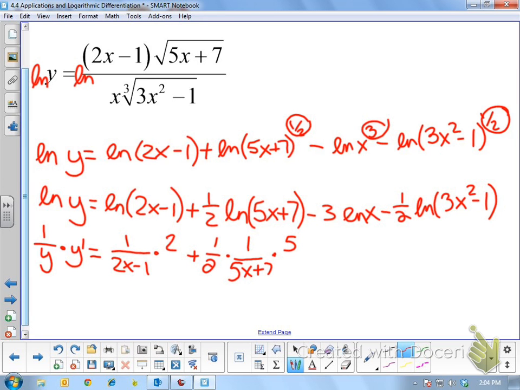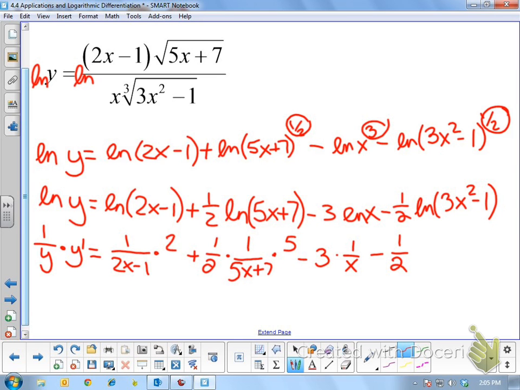The coefficient is still there. We put 1 over, because the derivative of natural log is 1 over the inside, times the derivative of the inside. Minus 3 times 1 over x. I could do times 1 if I wanted to do chain rule on that as well, but why bother?